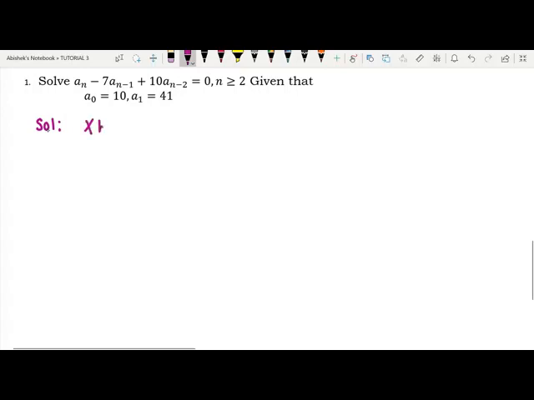Multiply by x power n, with n from 2 to infinity.